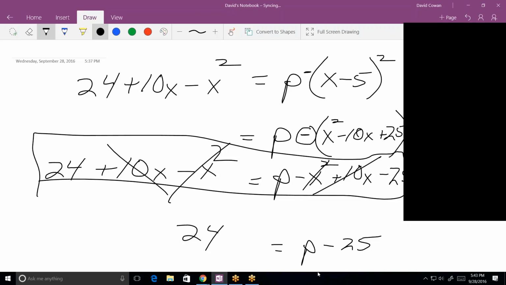What's p equal to? Okay, so I have to add. So p equals 49.